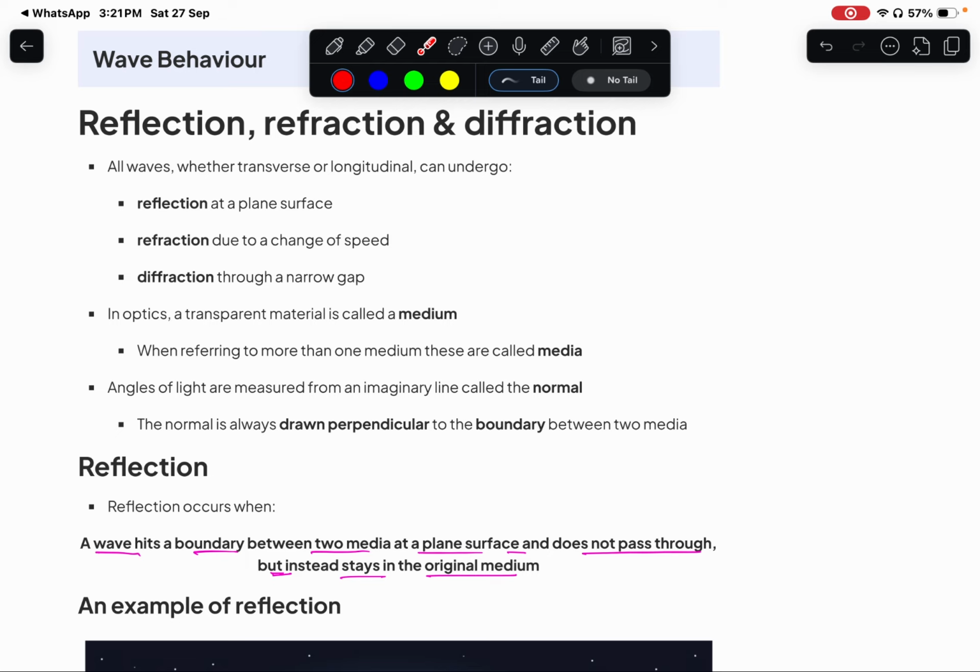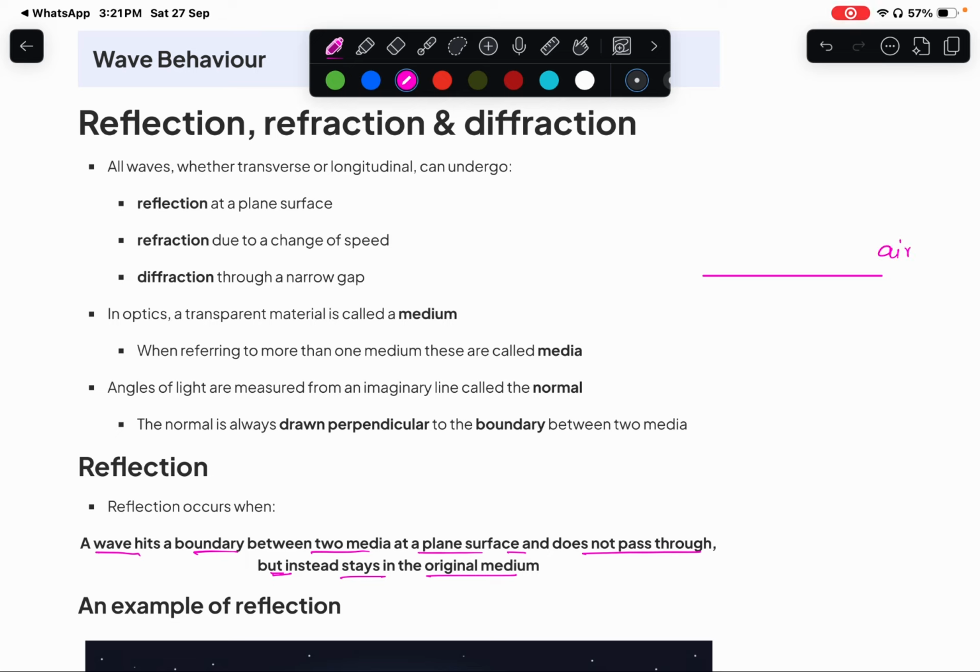In optics, a transparent material is called a medium. When referring to more than one medium, these are called media, and angles of light are measured from an imaginary line called the normal. Now, how do we draw a boundary between two media?